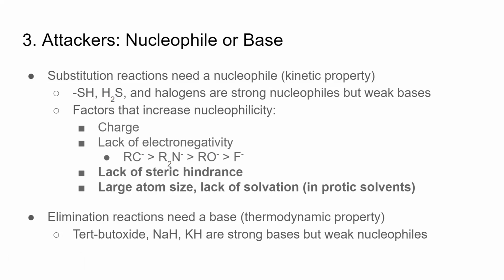So even if you can go through the reaction very quickly, if that reverse reaction also happens very quickly, you're not going to end up with a lot of end product. Essentially, basicity is a measure of how stable your end product is going to be. If you have a very stable end product, that's going to be a very strong base. If the reaction happens very quickly, that's going to be a very strong nucleophile. And that's the difference between these two that you have to keep in mind.